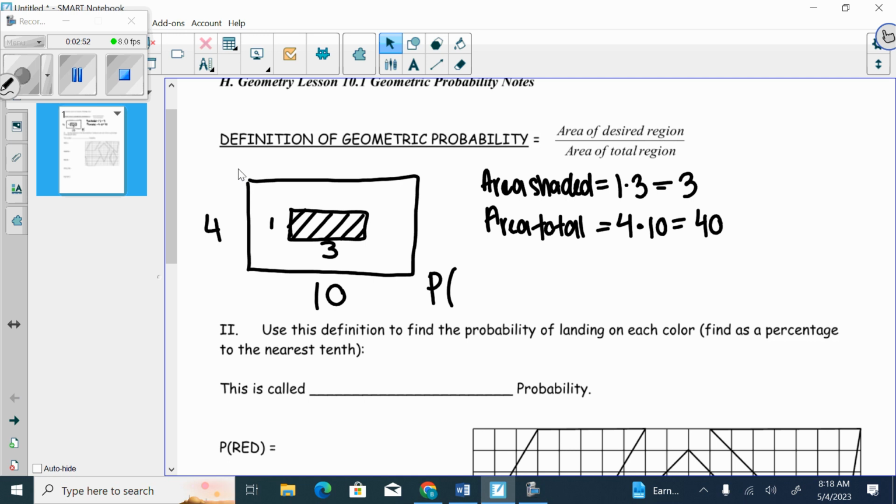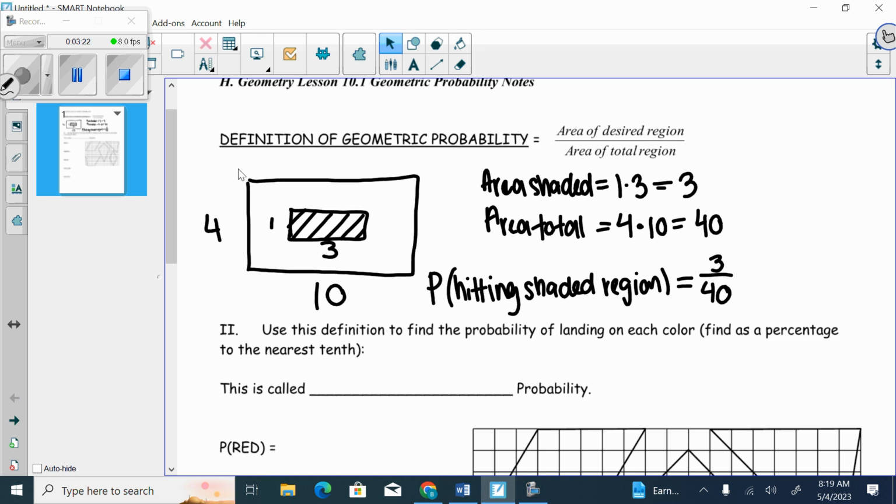So in this specific case, we said we were looking for the probability of hitting the shaded region. So in the top of our fraction, we put the number representing the shaded region, which we said the area of that was 3, out of the entire target, which we said had an area of 40.